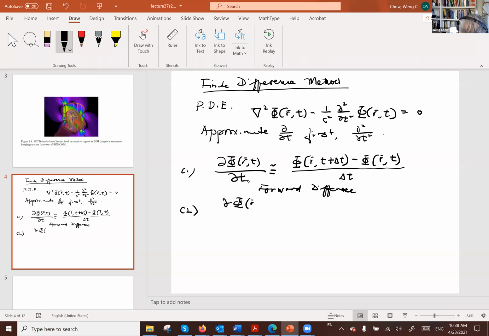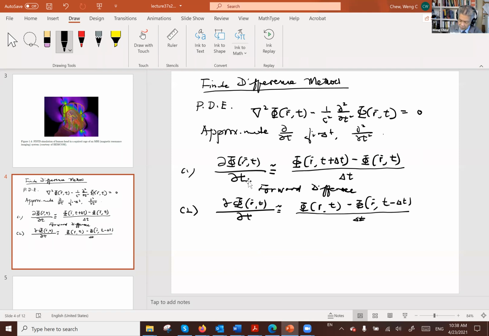By the same token, why not use something that is behind its time to approximate this derivative? So you would replace this with t minus delta t, and then divide by delta t. And this is a backward difference approximation.